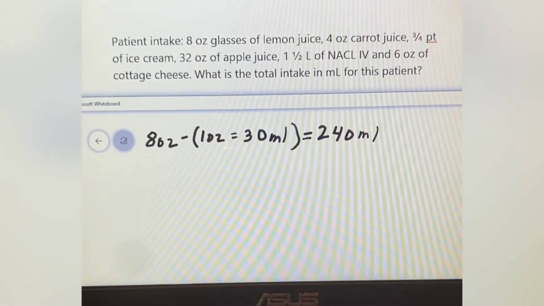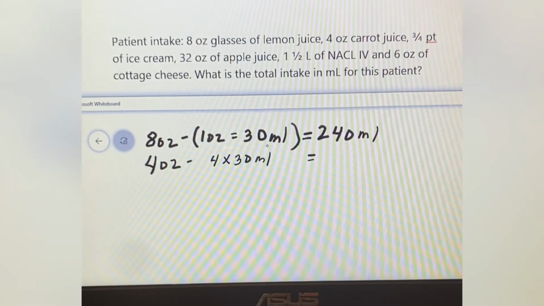What's next? 4 ounces of carrot juice. Remember, 1 ounce is equal to 30 ml. What is the answer? 4 times 30 is equal to 120 ml.